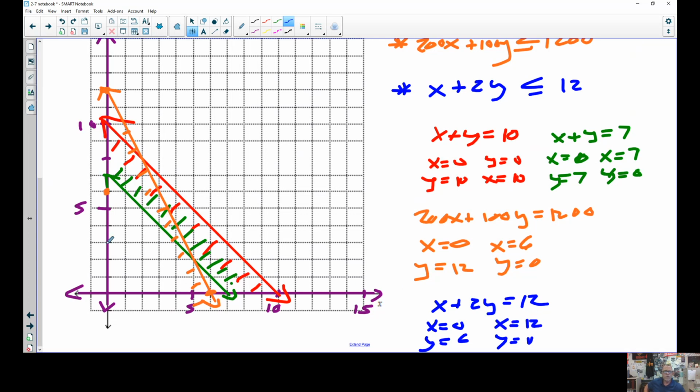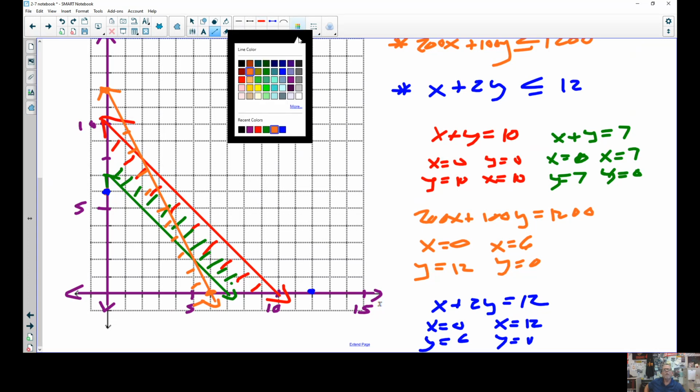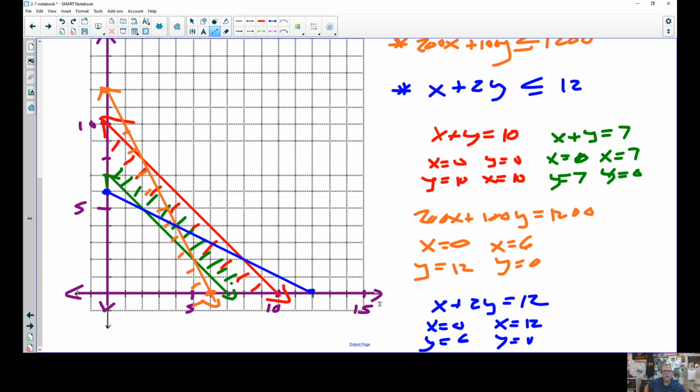So we've got 0, 6, that's here, and then we've got 12, 0, that's out here. So I need to draw a line for that. And we'll go from here to here. And that gives us this. And again, 0, 0 would make that true, so we're going below this.